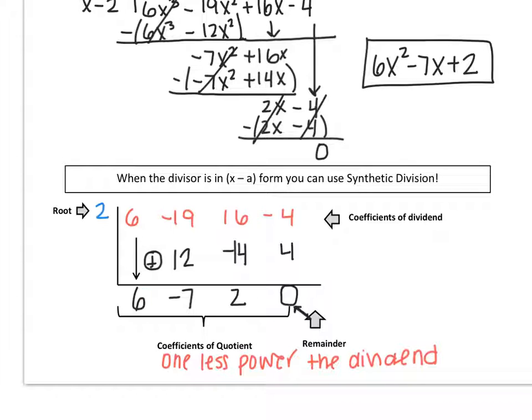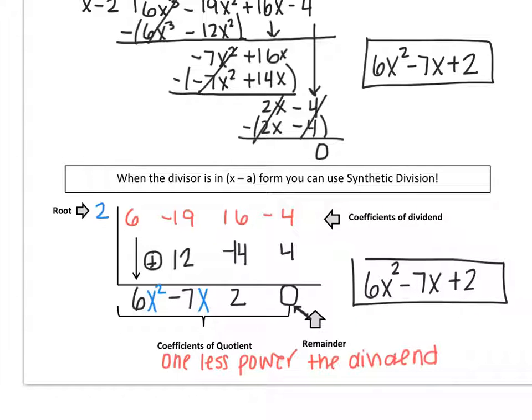So this quotient will be 6x squared minus 7x plus 2. So we're just going to write that out just like we did before, 6x squared minus 7x plus 2. Final answer.